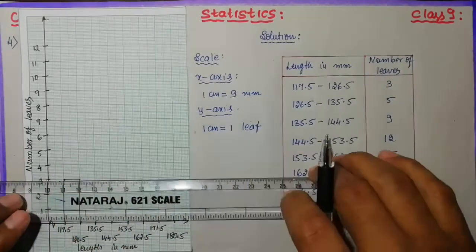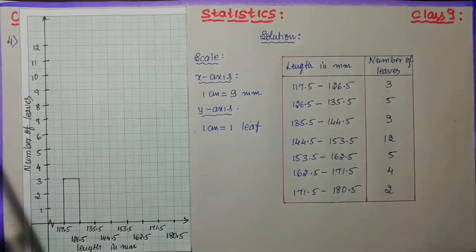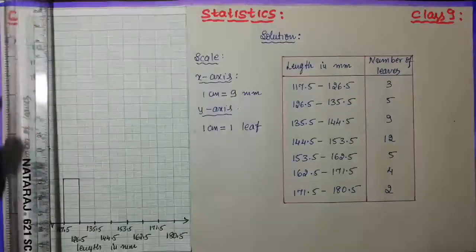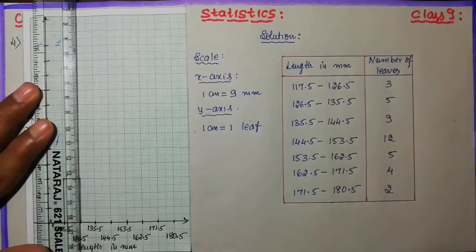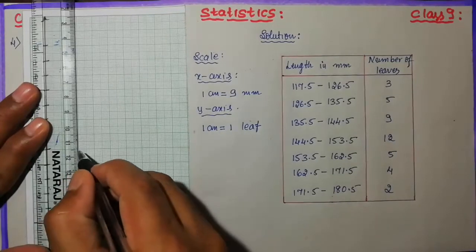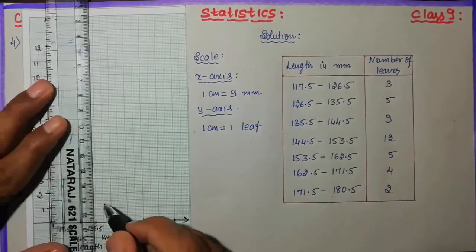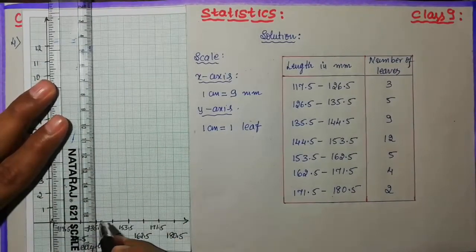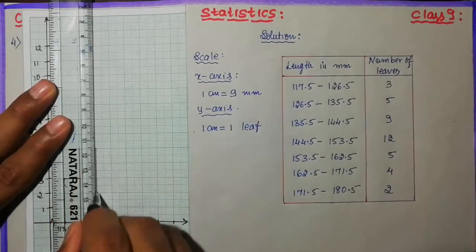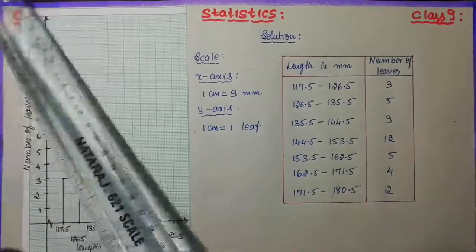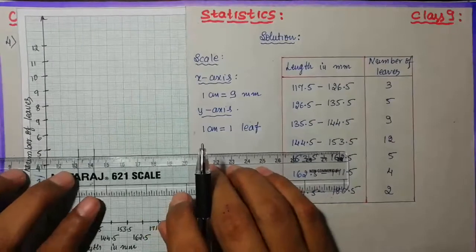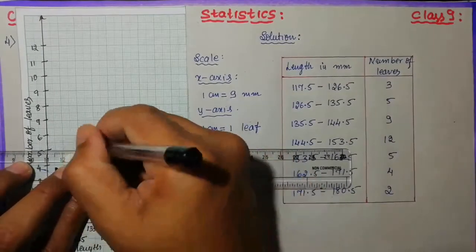In the same sense, the second one is 5. 5 means you need to draw up to here. This is 5, and from here to here is 5. You need to enclose this one after 5.